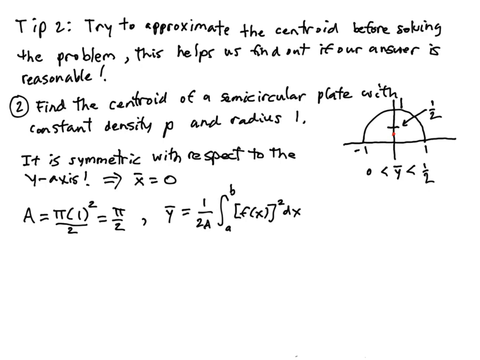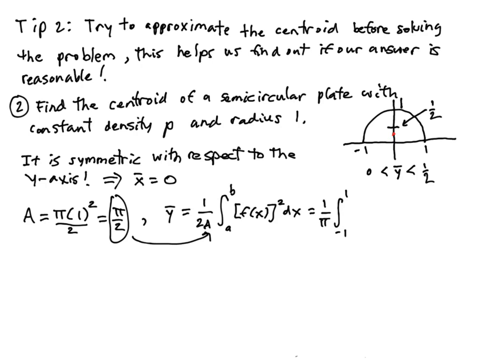So what's this going to equal? Well, I already have the area on the left here, so I'm going to plug it in for a right here. That gives me 1 over 2 times pi over 2, which is just 1 over pi. I end up with 1 over pi, and then I'm going to integrate from -1 to 1, and I'm going to square the function.